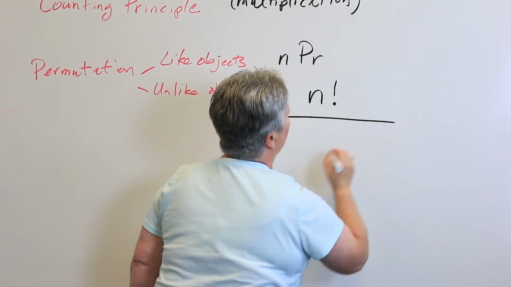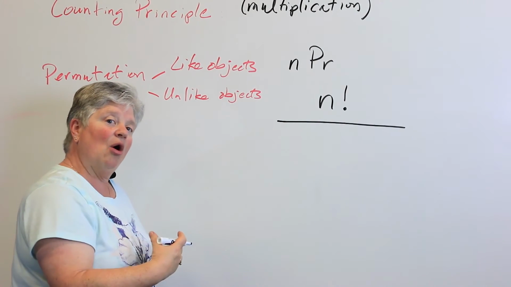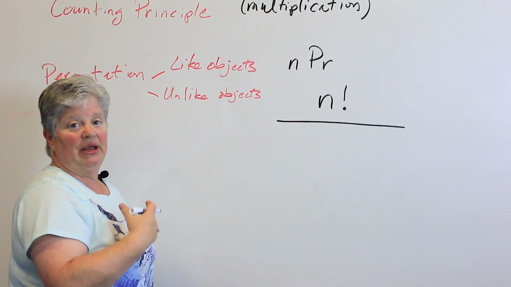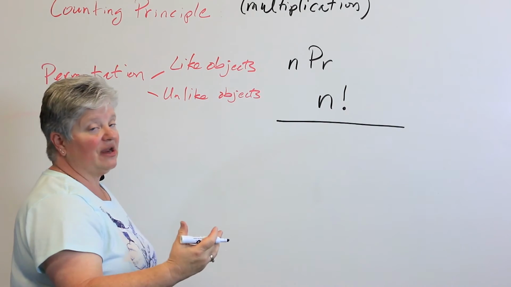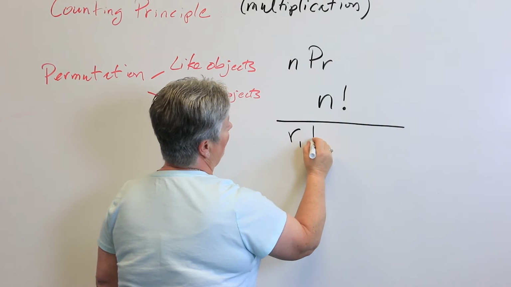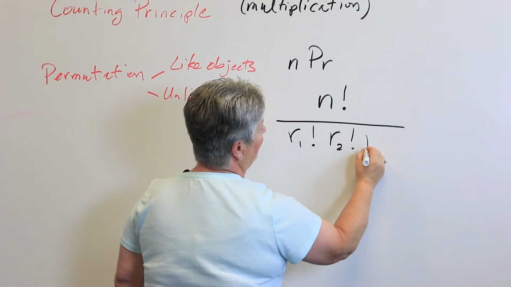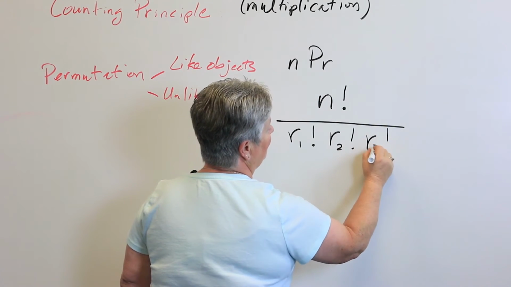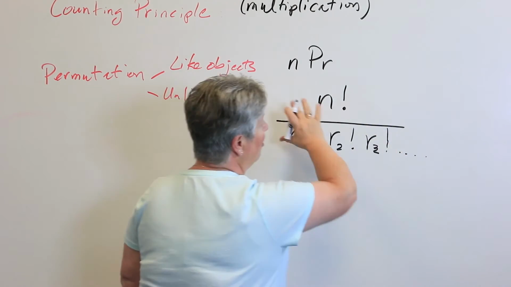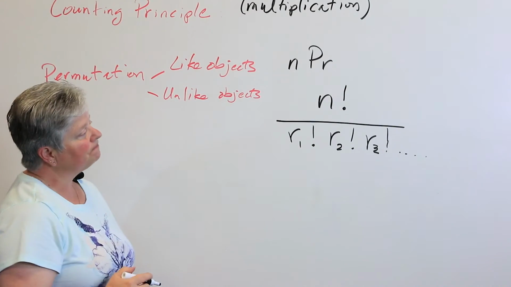And then we're going to divide out the letters that repeat, or the objects that repeat. If we look at the formula, it says R1 factorial times R2 factorial times R3 factorial, on and on. So no matter how many are there, that's what we're doing.